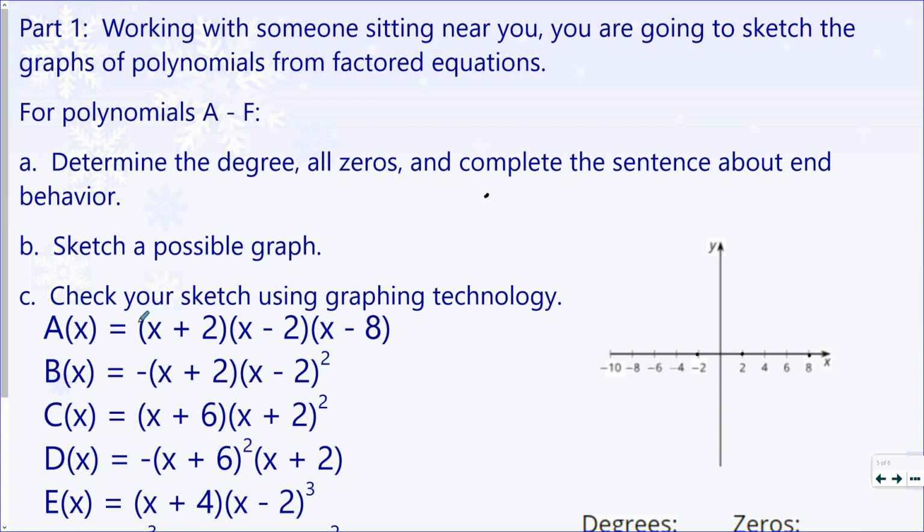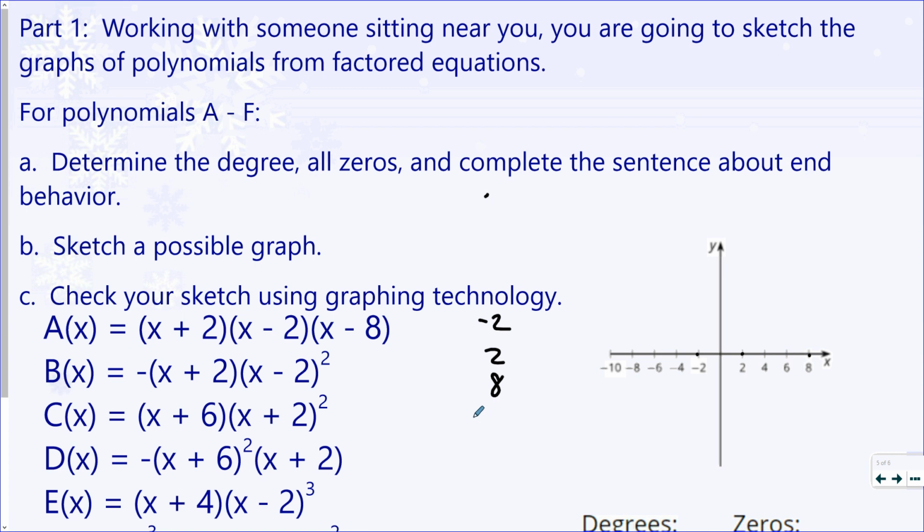So again, think about what the x-intercepts are. Negative 2, 2, and 8. Any multiplicities? No, so it's going to pass through all three of those points. Okay, it's a cubic function, so it's going to be odd.